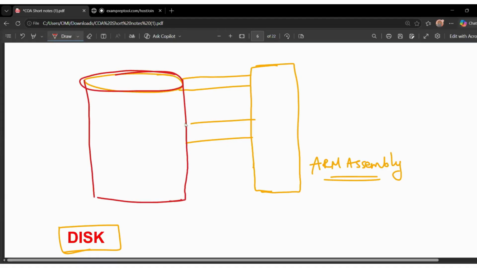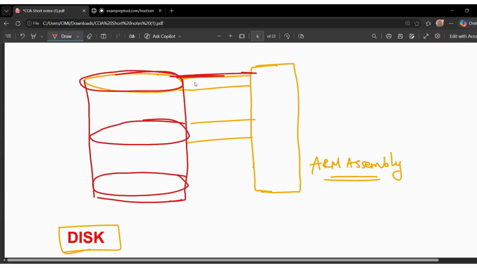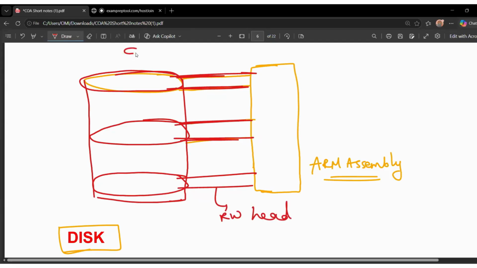Sorry if the diagram is not somewhat proper, but I hope you are getting it. These are the cylinders, these are the read heads.